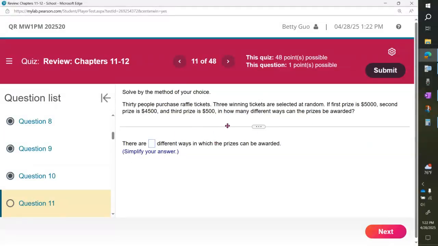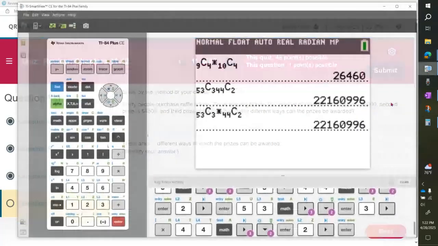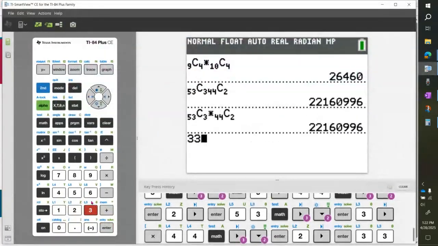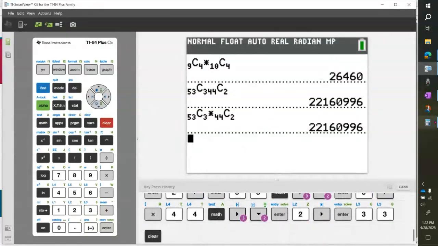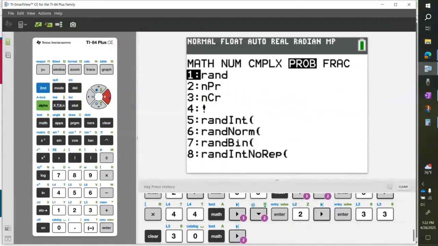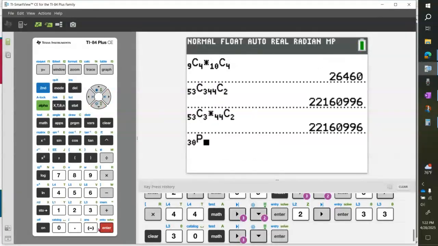So we randomly select 3 tickets from the 30 and make an ordered arrangement. So permutation P33, oh my bad, P30 3, I'm sorry. P30 and then 3. It's always good to double check.